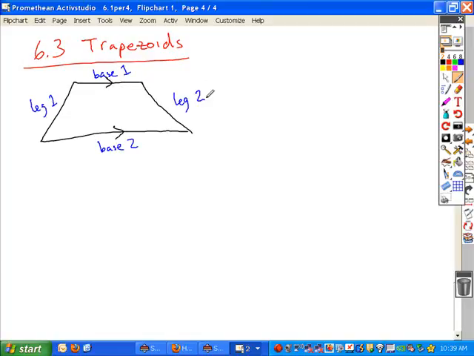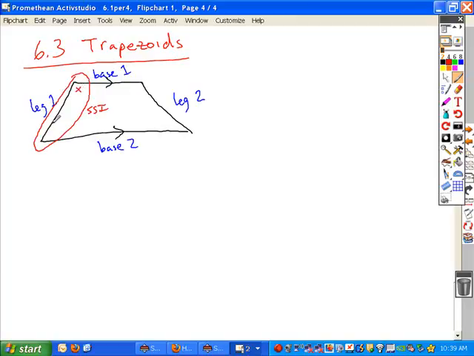And because the bases are parallel to each other, what do you know about these two base angles from opposite bases? What's their relationship going to be? Yeah, because these are parallel lines, same side interior angles are supplementary.